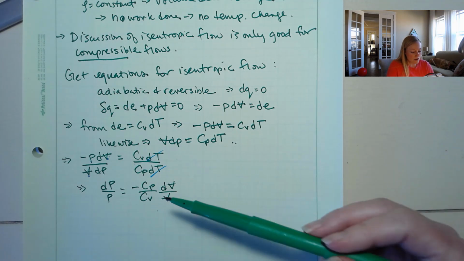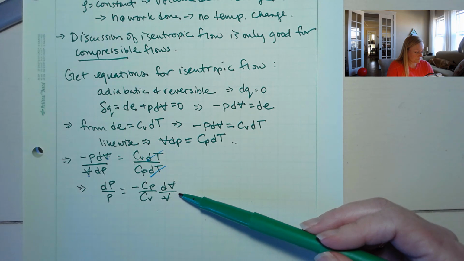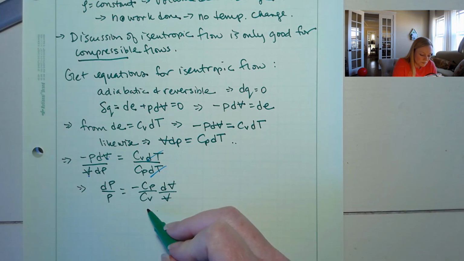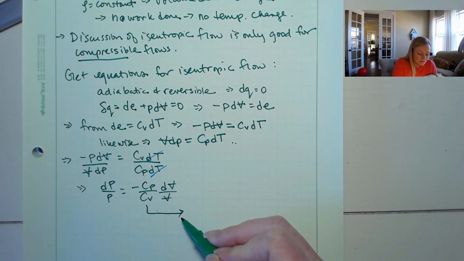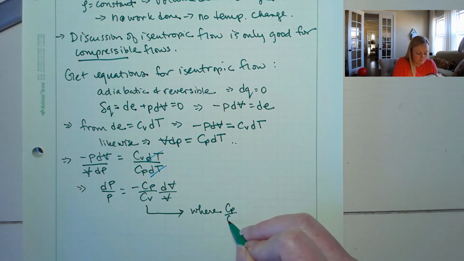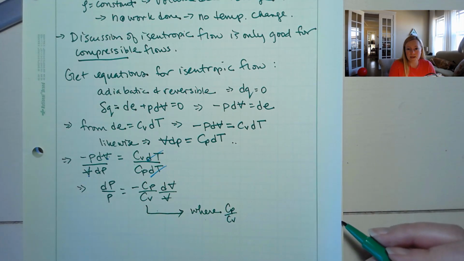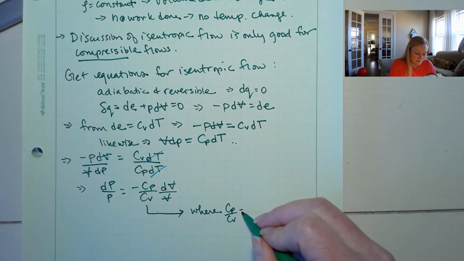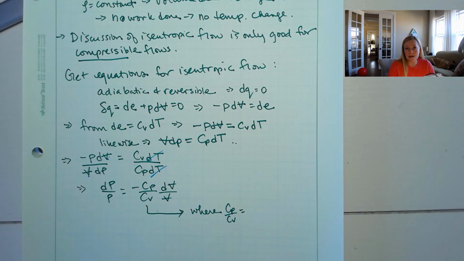All right, so now we've got this equation. Now, if y'all remember from thermodynamics, this ratio has a symbol associated with it, right? It's either K or gamma, depending on which textbook you're usually using for thermodynamics.